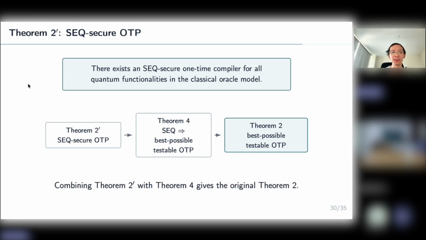This allows you to recover the original theorem 2, because once you combine this new theorem with the theorem from the last slide, you get the original theorem 2. This theorem says that you can get SEQ security, and the previous slide says SEQ security implies best possible testable one-time programs. So in the end, you get best possible testable one-time programs in the classical oracle model.